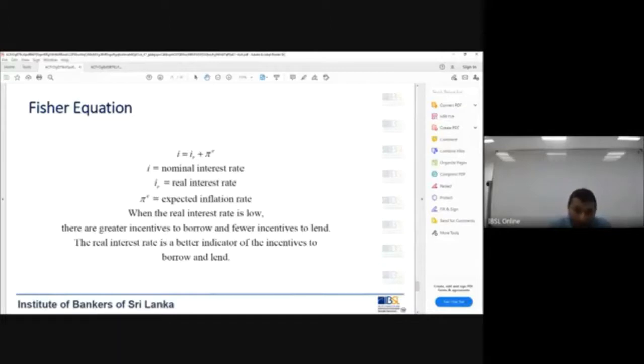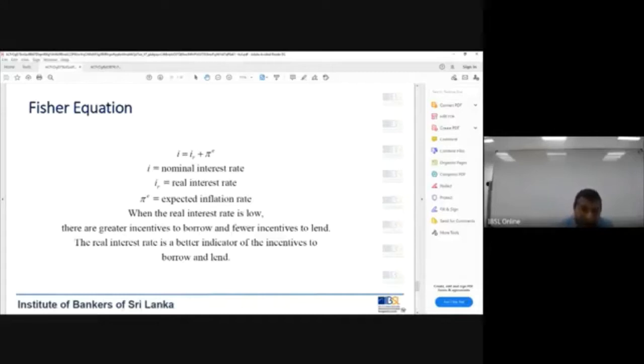So please understand, the Fisher equation is one of the very important equations in economics, but very simple. The nominal interest rate is nothing but the real interest rate plus expected inflation. So if you want to calculate the real interest rate, if you have the nominal interest rate and expected inflation, then I minus πE equals IR.